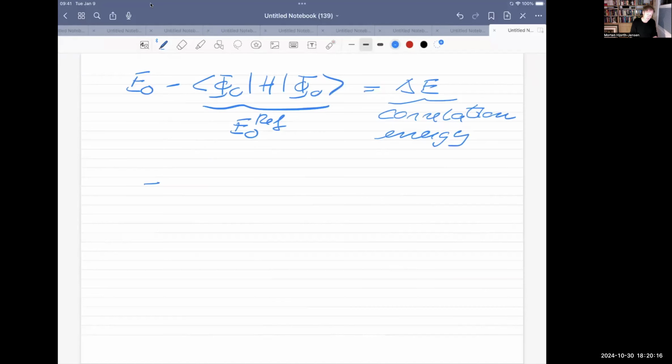And then we found that this is given by the sum over IA, CIA. And when we calculated the specific matrix element, this was given in terms of this operator F, which we also label as the Hartree-Fock operator.